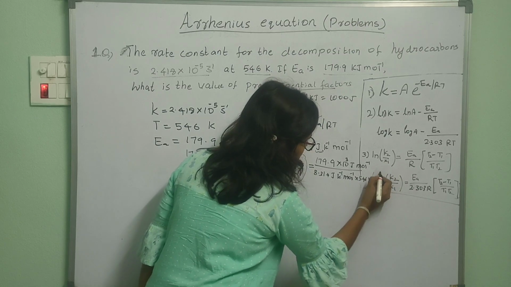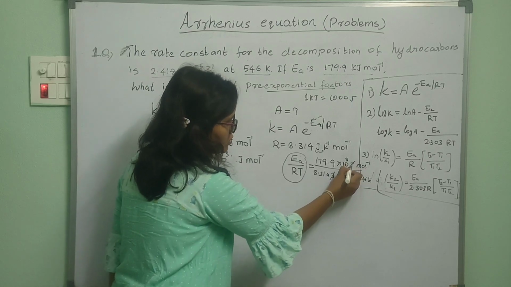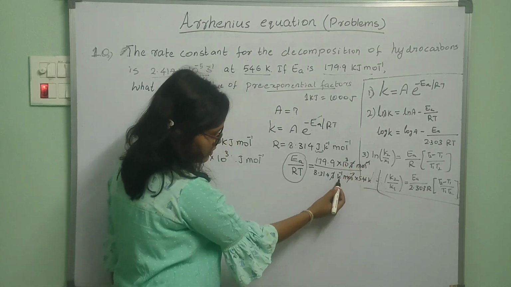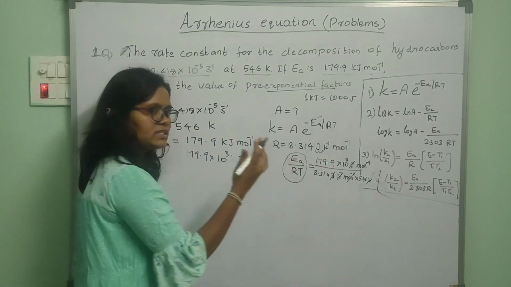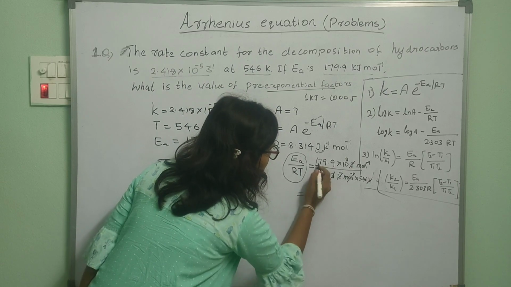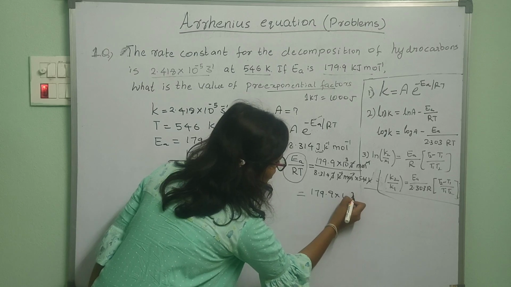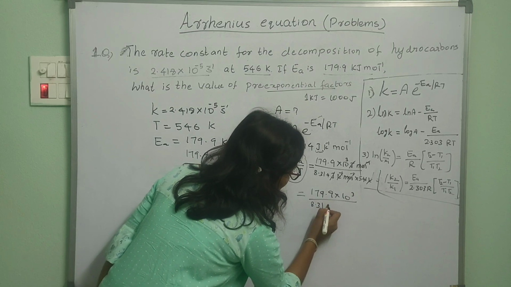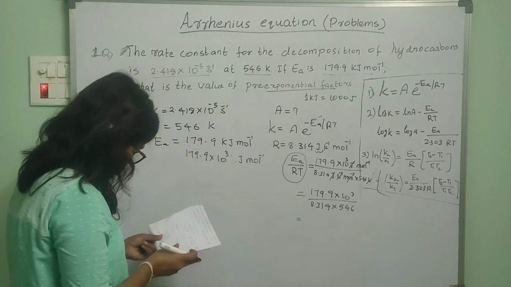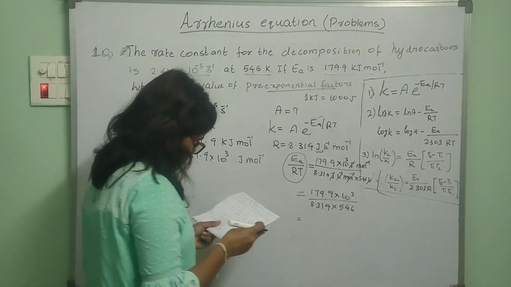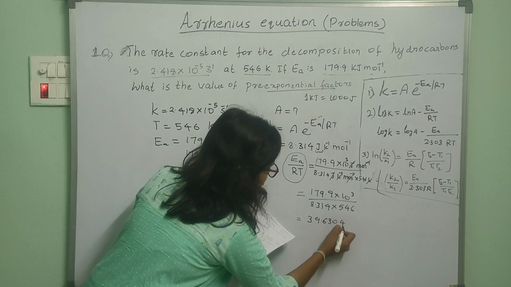I hope it is visible. Here I can cancel joule, mole inverse, and Kelvin inverse with Kelvin. So this EA by RT quantity is unitless, it is just a number. When you solve 179.9 × 10^3 divided by 8.314 × 546, I have already solved this and I got the value as 39.63040.